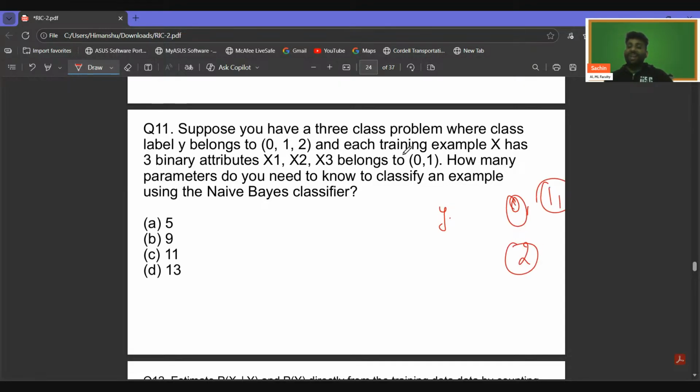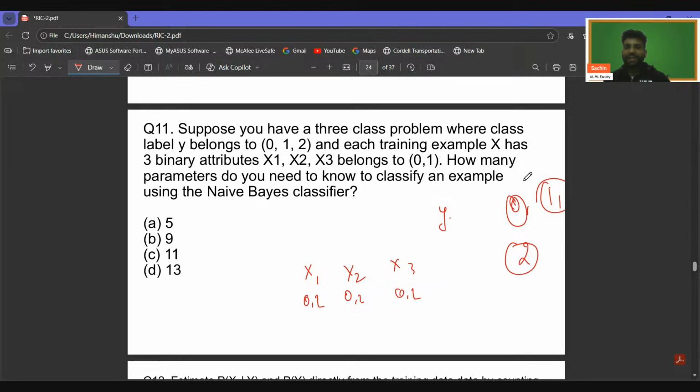And each training example X has three binary attributes. That means I'm having three features also, X1, X2, X3. And each of these would have a binary value, that means either 0 or 1, either 0 or 1, either 0 or 1.